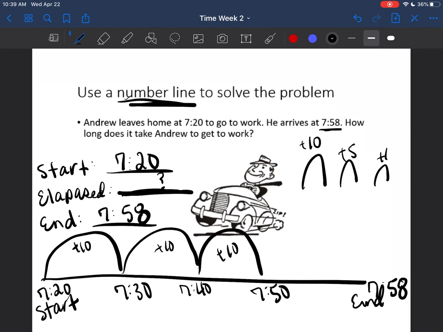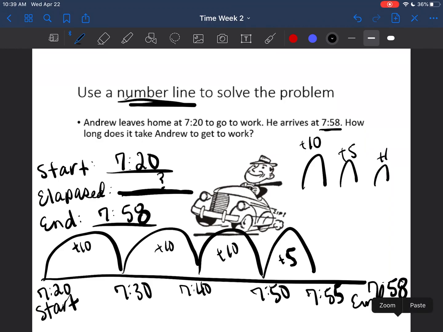7:40 plus 10, 7:50. Now, I'm going to see a problem here because if it's 7:50 and I need to get to 7:58, I can't make another jump of 10 because it's going to be too big. So I'm going to make a jump of 5 minutes. 7:50 plus 5 minutes is now 7:55. Now I need to get from 7:55 to 7:58.